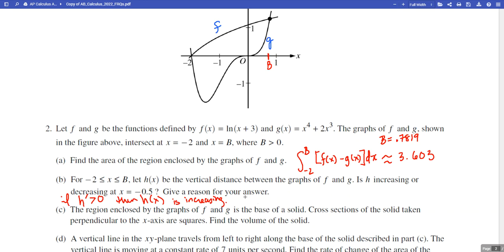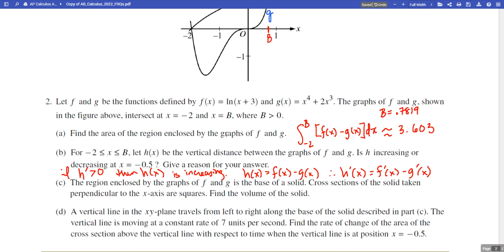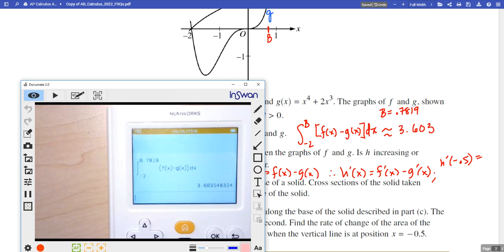So h of x is the vertical distance, f of x minus g of x, therefore h prime of x is going to be f prime of x minus g prime of x. We want h prime of negative 0.5, so let's use our calculator to help us with that.